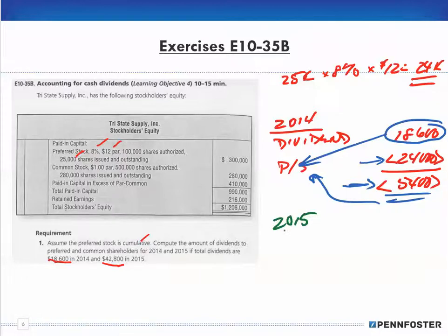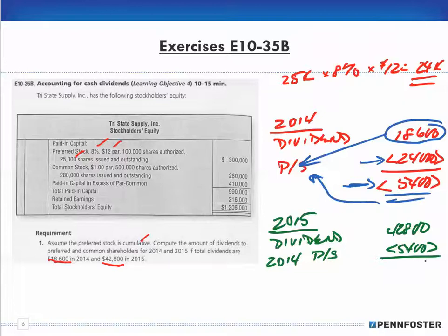So in 2015, right, the dividend is $42,800. Okay. Now, out of this $42,800, the amount owed from 2014 for the preferred shareholders is $5,400. So we have to subtract out that first, and that comes out to $37,400 left.